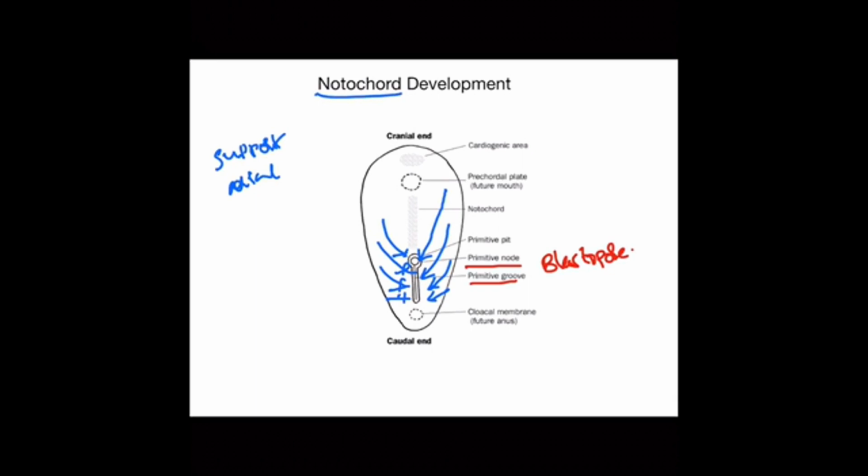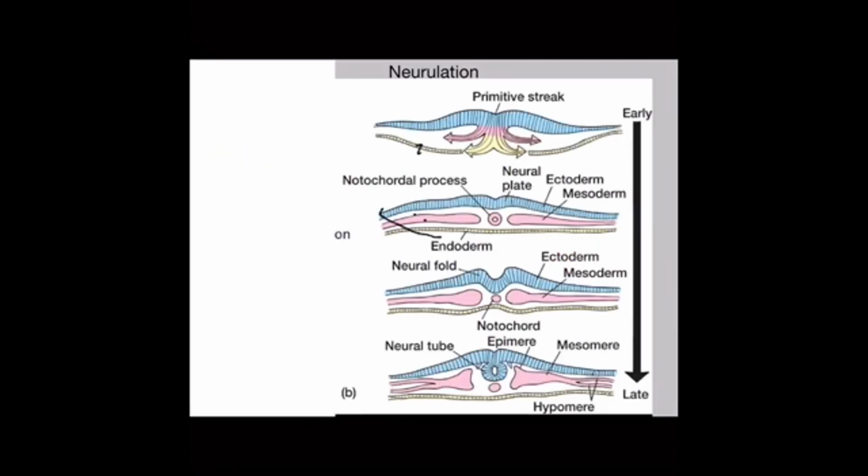Later this primitive node grows towards the anterior side up to the mouth part, and this region is called precordal plate, and posteriorly it grows up to cloacal membrane, and this precordal plate becomes into future mouth of embryo, and the cloacal membrane into the future anus.